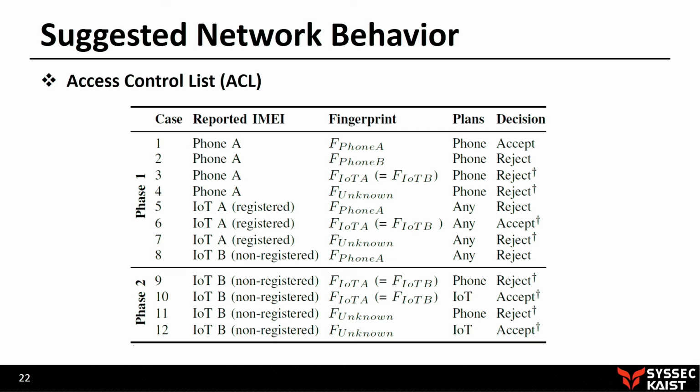In our work, we proposed this access control list that utilizes a reported IMEI, a fingerprint, and a subscription plan to make a decision whether to accept or reject the device, which is initially attaching to the network. We showed that most SIM boxes can be banned with no false positives and initial false accepts, assuming that the MNO only allows voice service to the registered IoT devices. Please check more details for this in our paper.